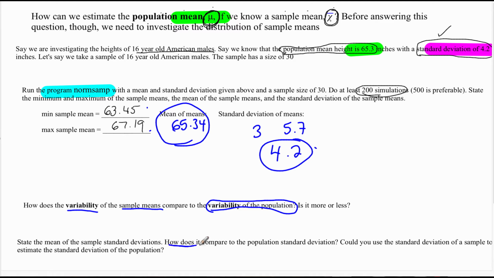So the sample standard deviation compares to the population standard deviation precisely. What we're trying to show you is how important standard deviation is. When we figure it out, it's explaining the population very well.